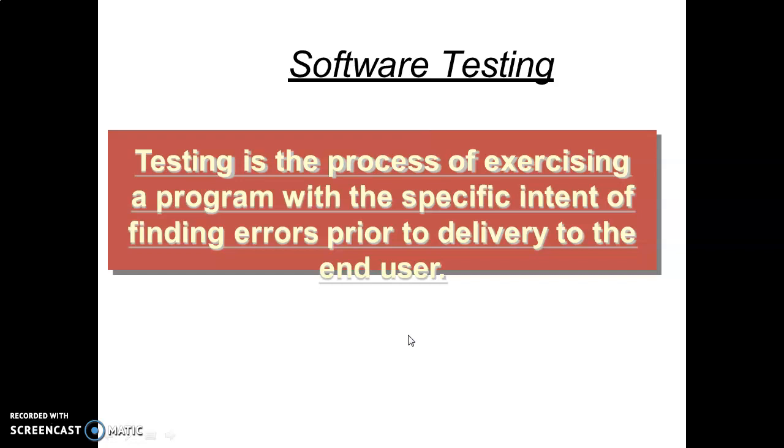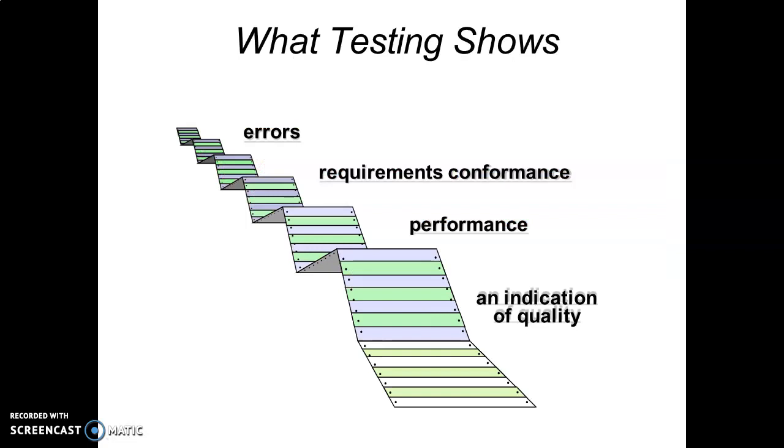So testing is the process of exercising a program with the specific intent of finding errors. Here, finding errors means finding distinct errors prior to delivery to the end user.